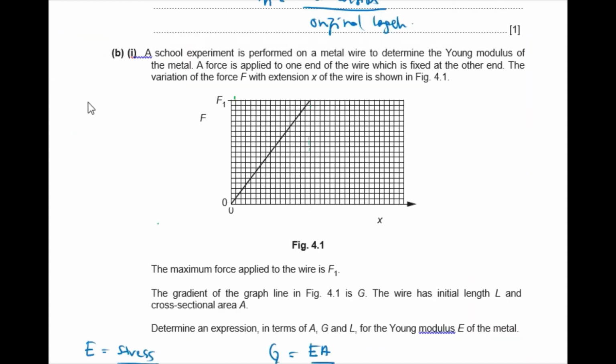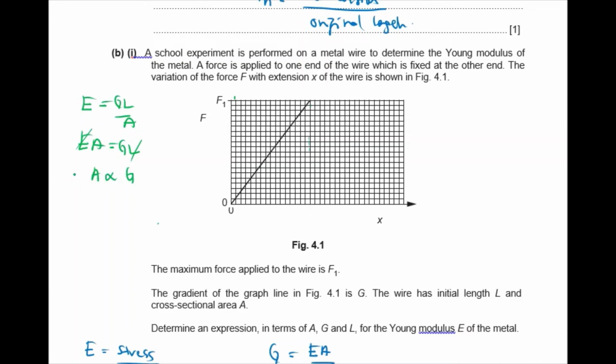From B1, E equals GL divided by A, so EA equals GL. We know that the initial length of the wire and the metal of the wire are unchanged, so length and Young modulus are constant. So area is proportional to the gradient of the graph.